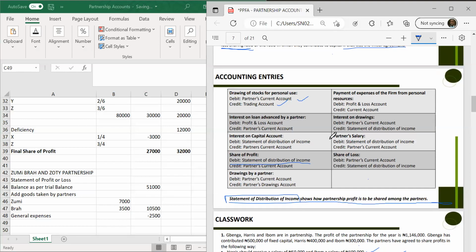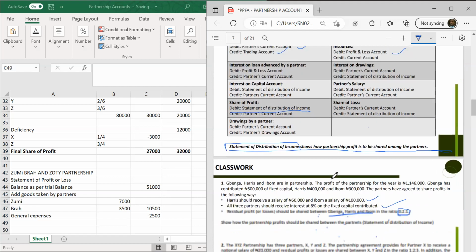If we want to do double entry, right? See it here. Payment of expenses of the firm from what? Personal resources. You debit what? The profit and loss account, and you credit what? The partner's account. Am I with you guys?